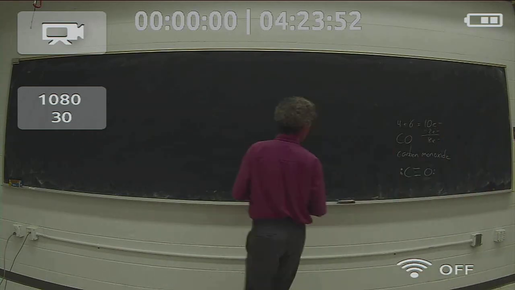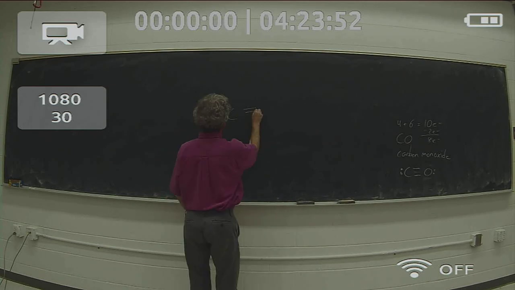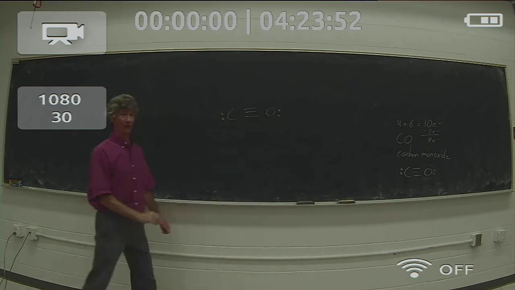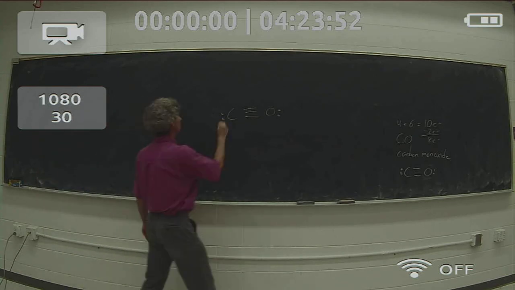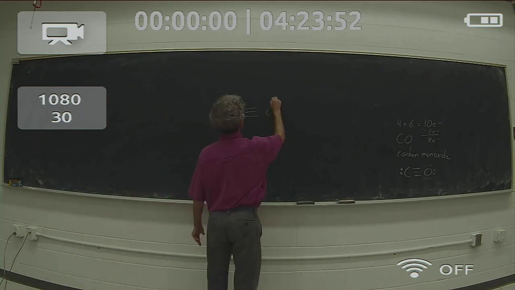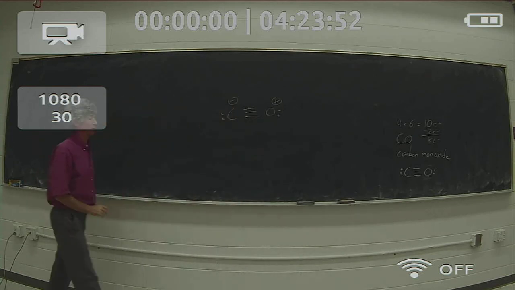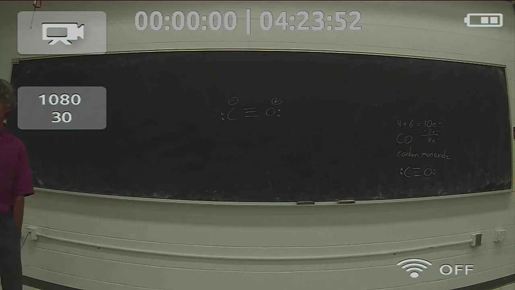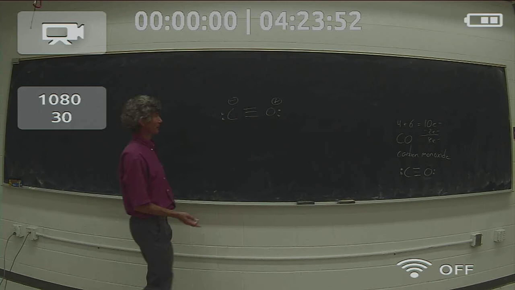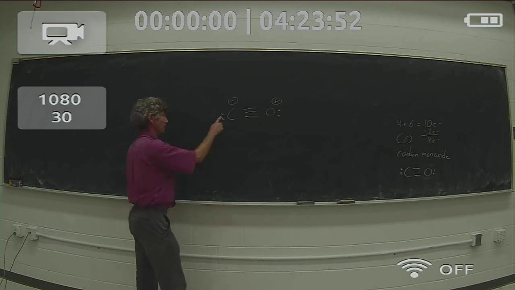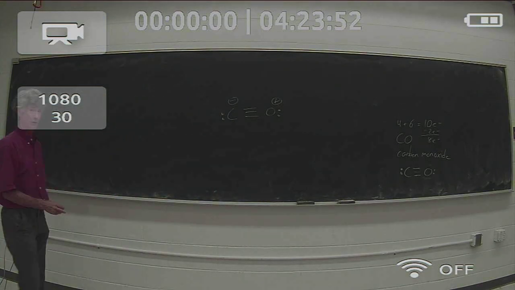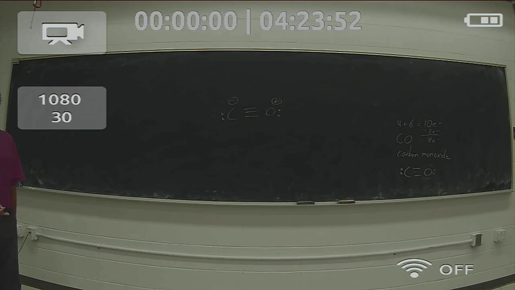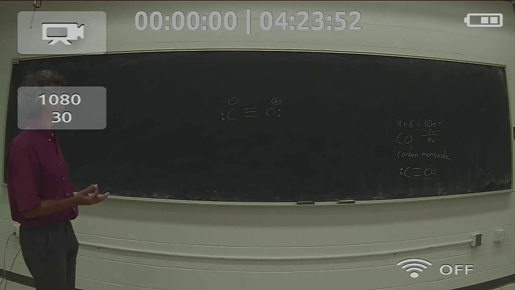Because in the case of carbon monoxide, the only way to fill the octet on both atoms is in fact to end up with a negative formal charge on carbon and a formal positive charge on oxygen. That's the opposite from the way the charge is actually distributed. There's really a partial negative charge on oxygen, the more electronegative element, and a partial positive charge on the carbon. But remember, formal charges are bookkeeping, they're for Lewis structures, they have nothing to do with actual charges.